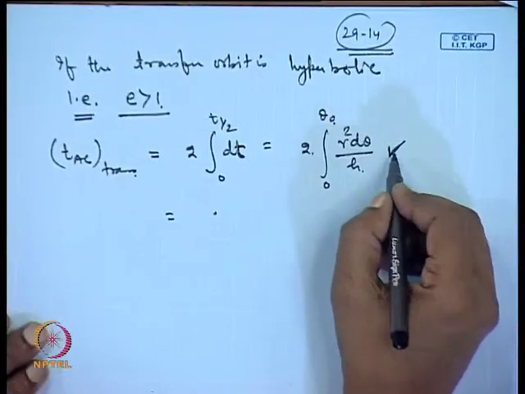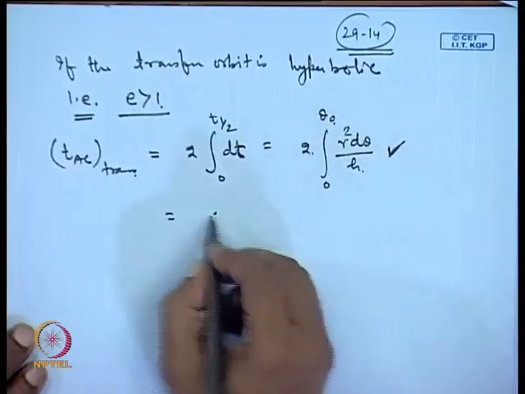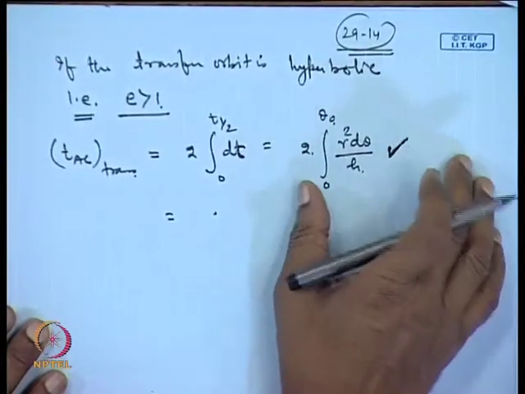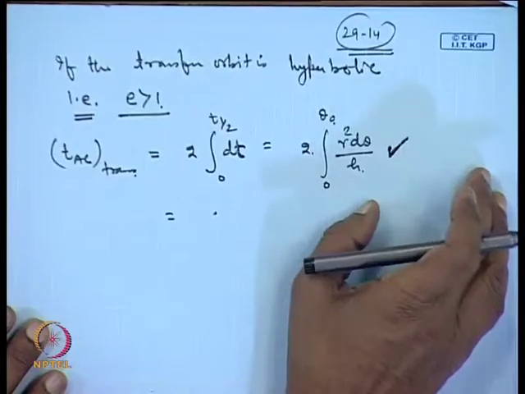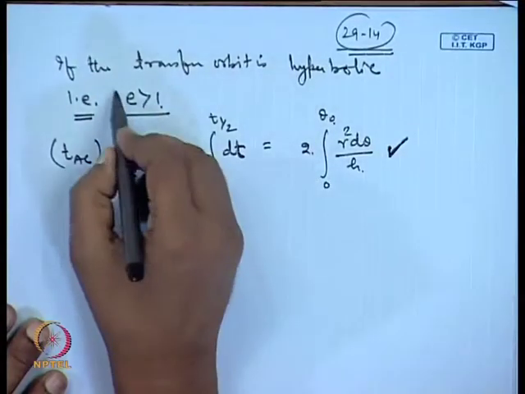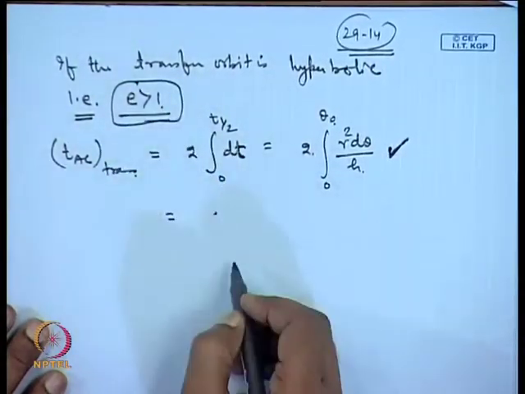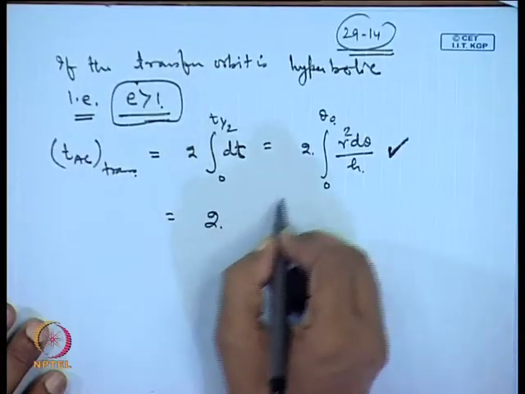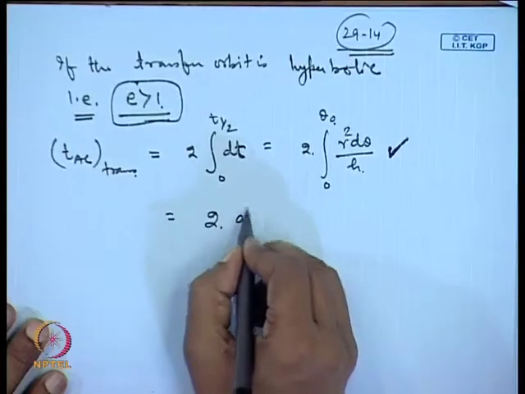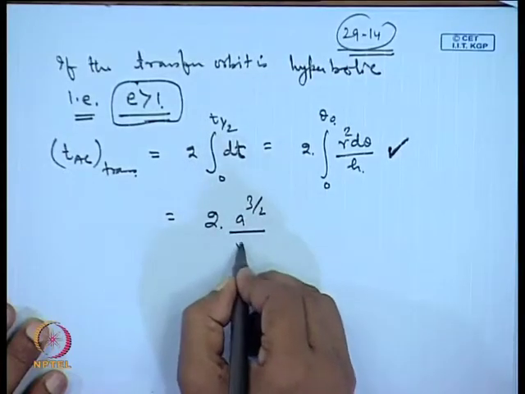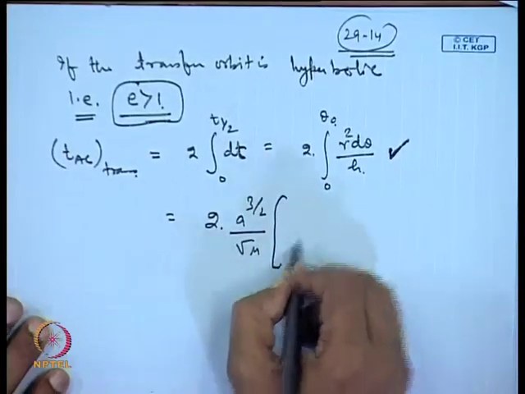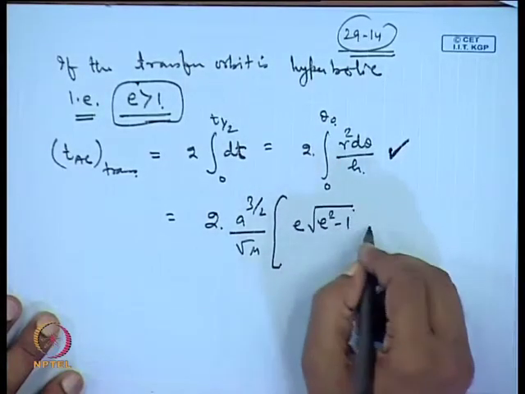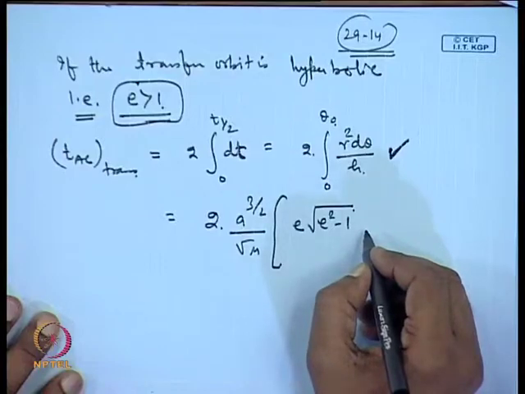So, for the hyperbolic orbit you can reduce this. Earlier we have done it for the Kepler's equation. So, here the way we have developed there you can follow that method for the case of E greater than 1 and you can reduce it to this equation. Okay.